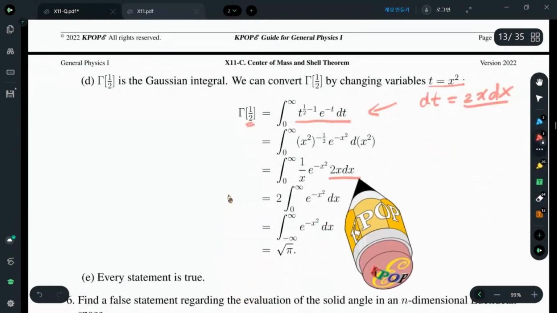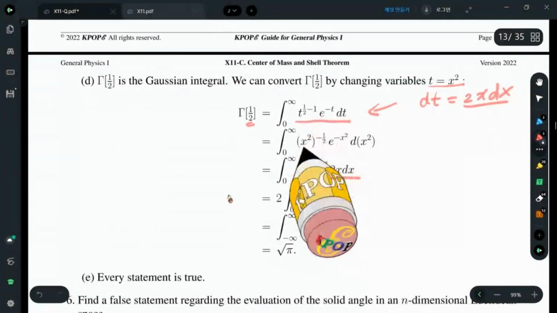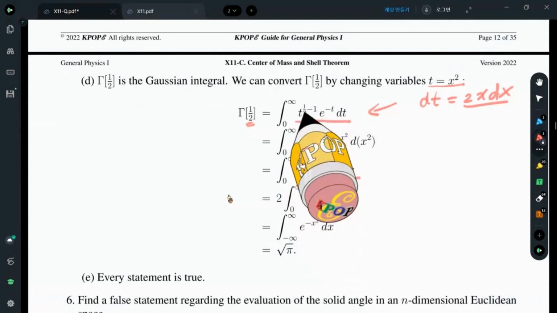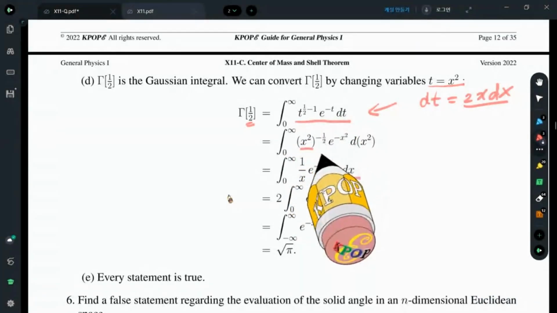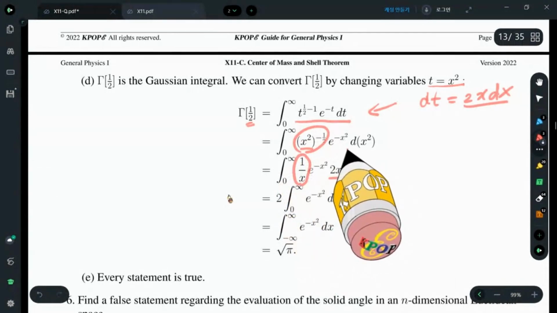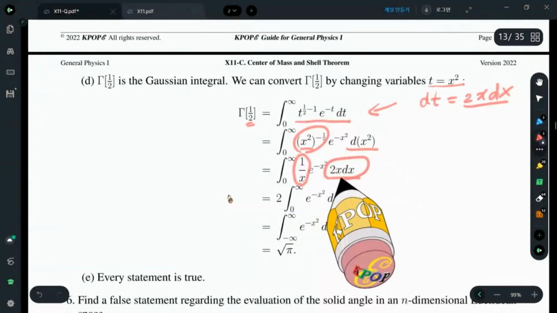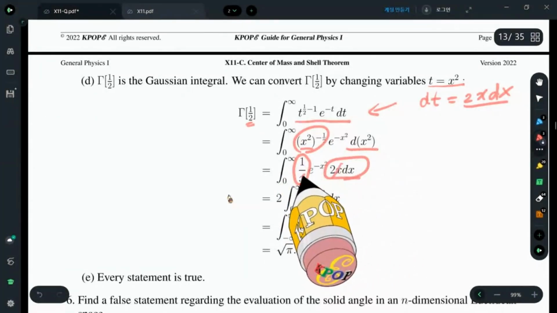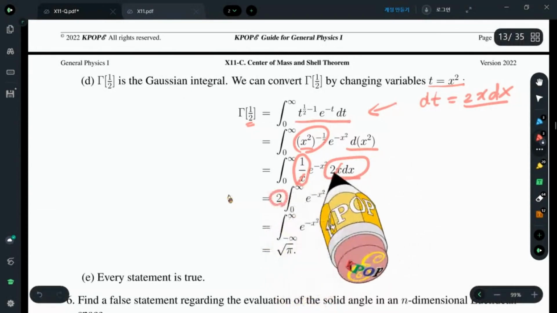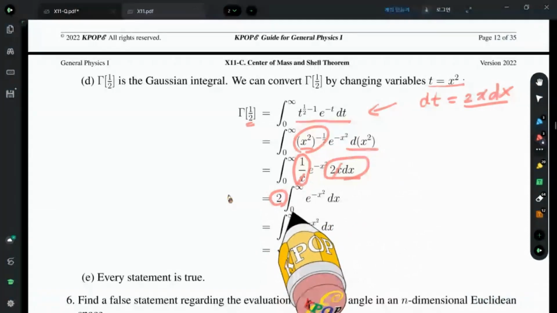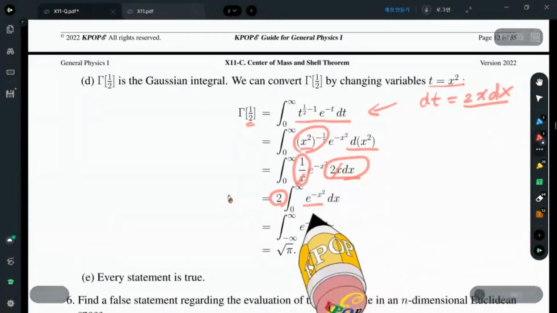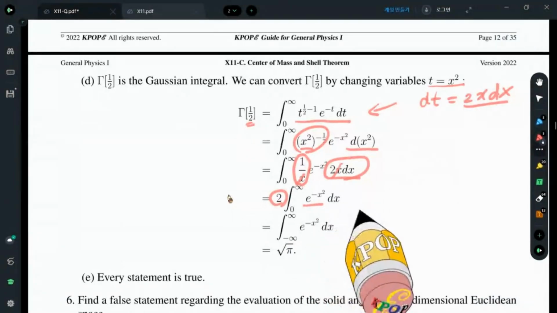2x dx appears in here, and we have this one to be expressed as t is x squared, and 1/2 minus 1 is minus 1/2, and this one is 1 over x, and x cancels. What you end up with is 2 times the integral from 0 to infinity of e to the minus x squared dx. Oh, you're very familiar with this.